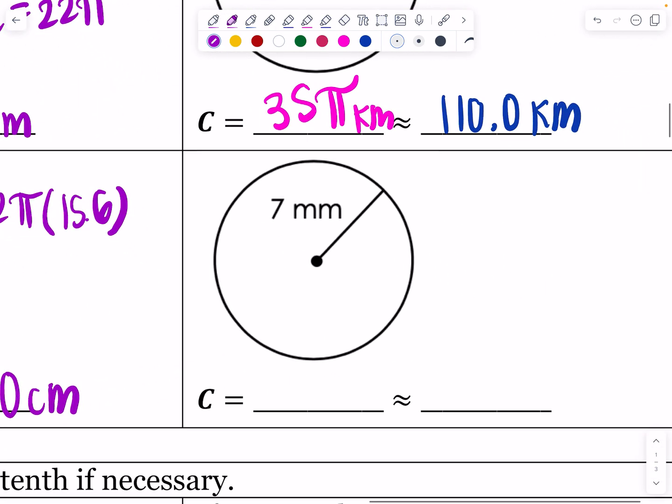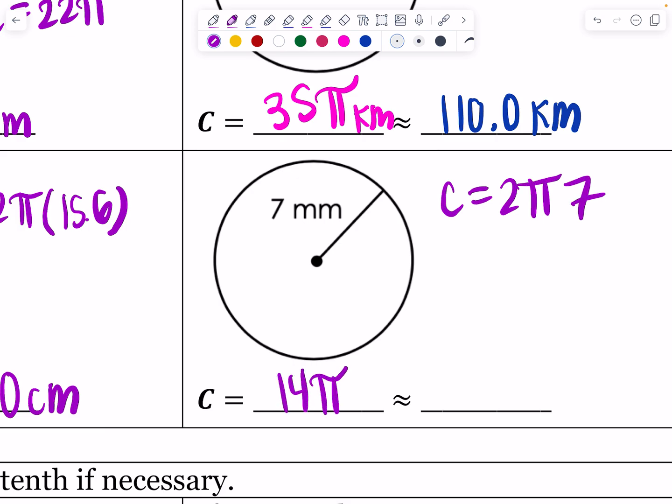All right, 7 millimeters is my radius. So circumference equals 2 times pi times r. That's going to give me 14 pi millimeters exactly. 14 times pi is going to give me about 43.98. So that's going to round to 44 millimeters.